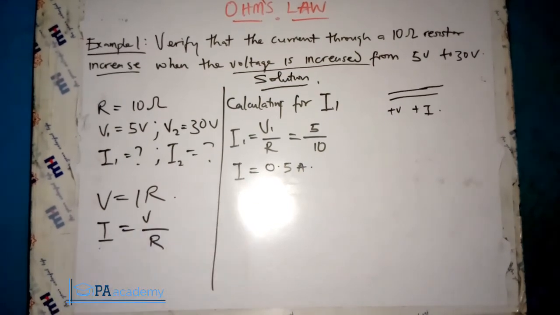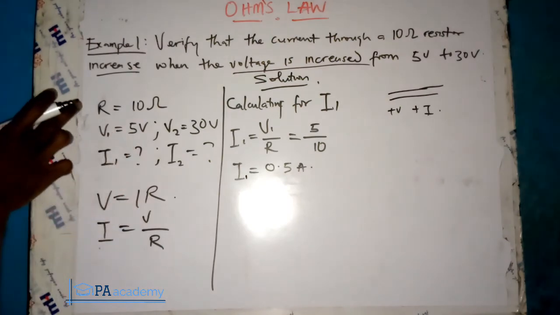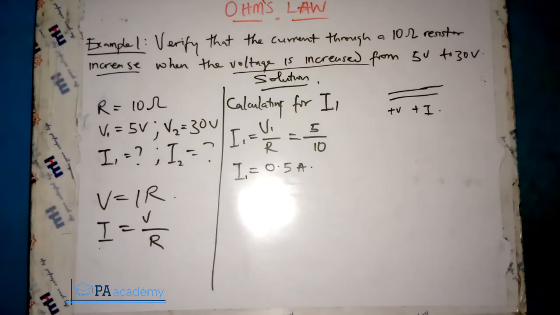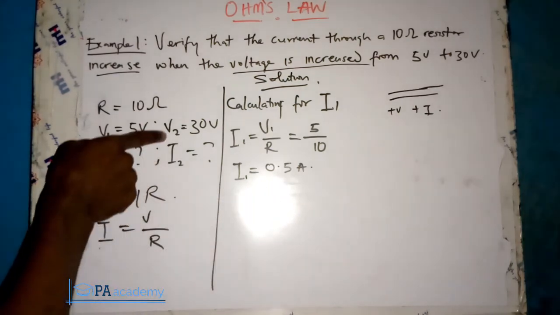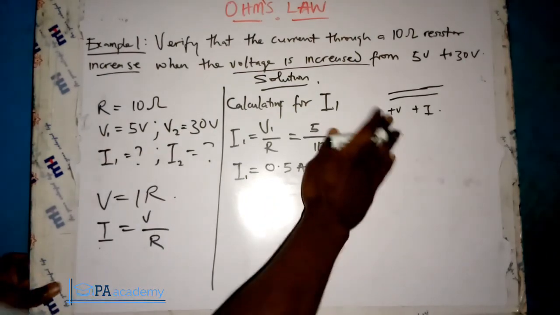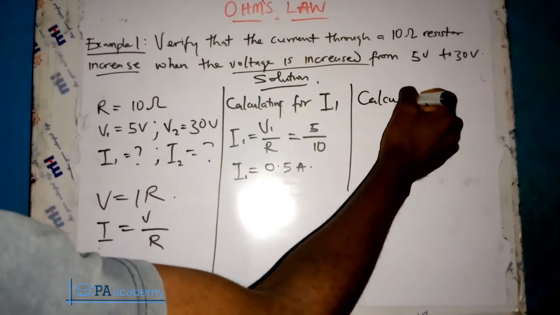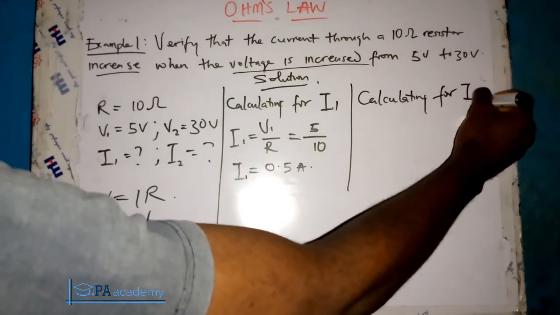So now we've gotten our I1, which is the current when the voltage is at 5 volts with a resistance of 10 ohms. We've calculated it and we've gotten 0.5 amperes. Now let's verify if the current will increase now that we have an increase in voltage. So we are calculating for I2.